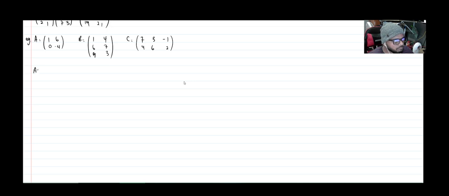AB, it could be 1 6 0 minus 4 multiplied by B, which is 1 6 9 4 7 3. Let's list the sizes. A is a 2 by 2. B is 3 rows and 2 columns. You realize that M is not equal to P, so this here is not possible.